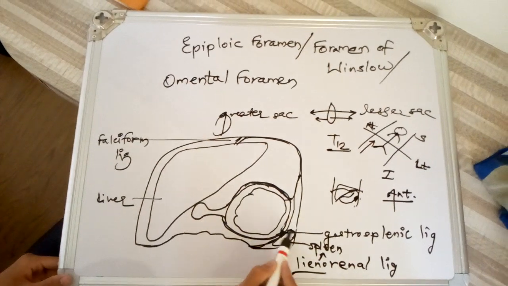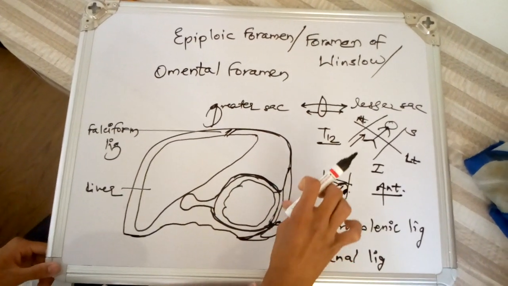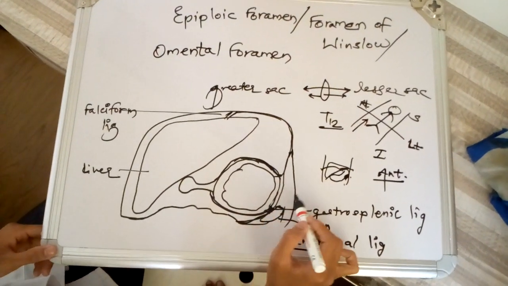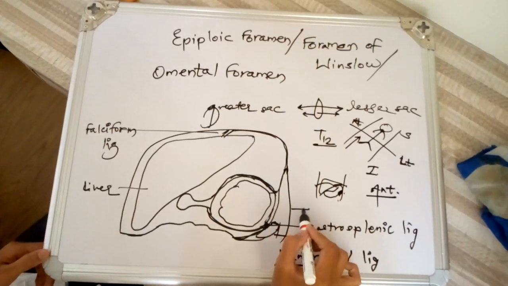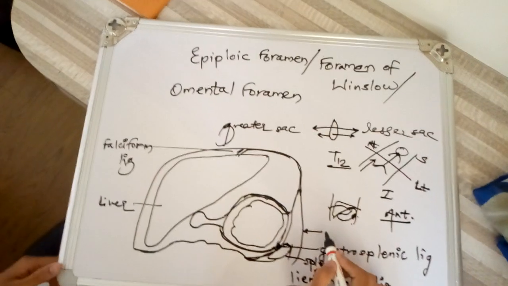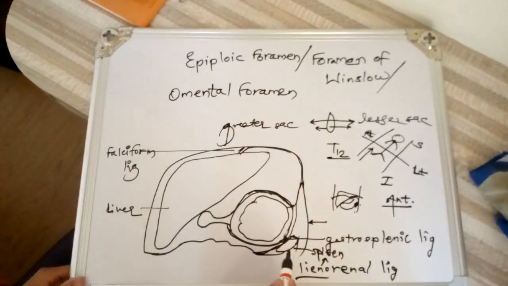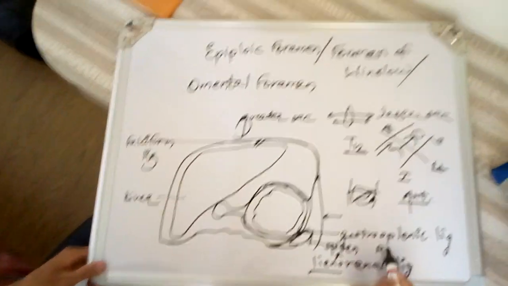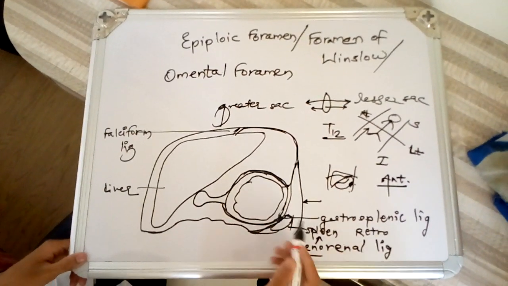So spleen, this is the border I had drawn. You can also consider it the outermost layer of the skin. So this is the spleen, and that is why we call the spleen a retroperitoneal structure.